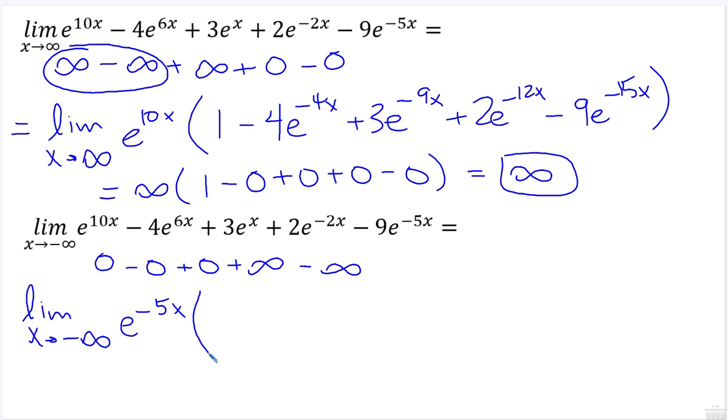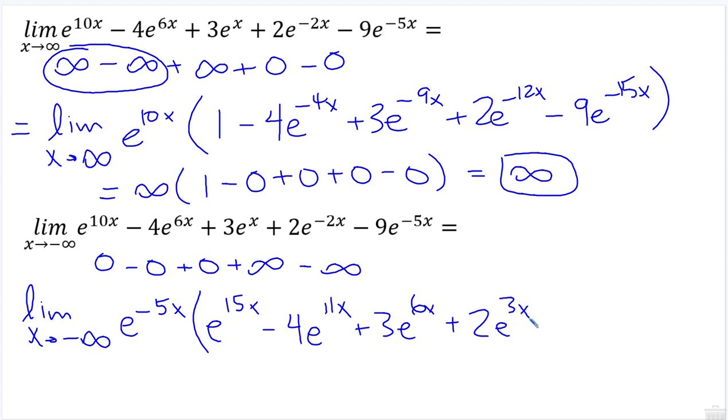And that leaves me with e to the 15x, because negative 5x and 15x needs to give me that 10x, minus 4e to the, this time it'll have to be an 11x, because negative 5 plus 11 is 6. And then plus 3e to the 6x. And now it'll be plus 2e to the 3x, right? Negative 5 plus 3 is negative 2.